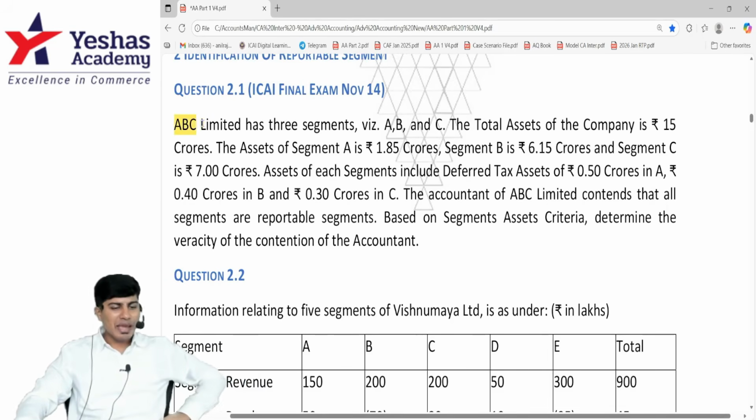Read. ABC Limited has 3 segments, A, B, C. Total assets is 15 crores. A's assets plus B's assets plus C's assets together: A 1.85, B 6.15, C 7.